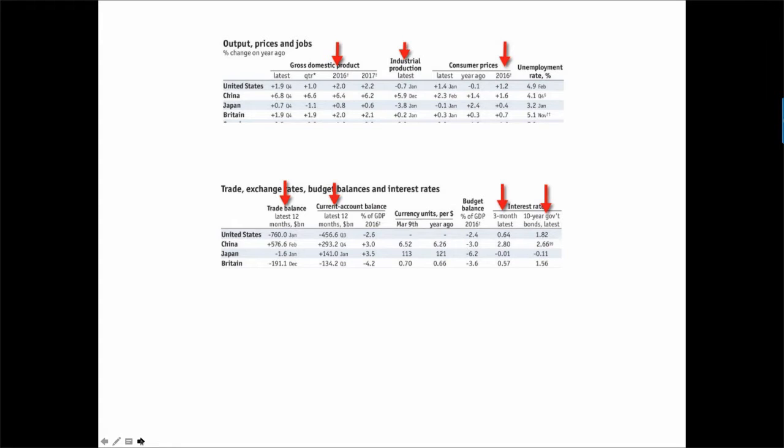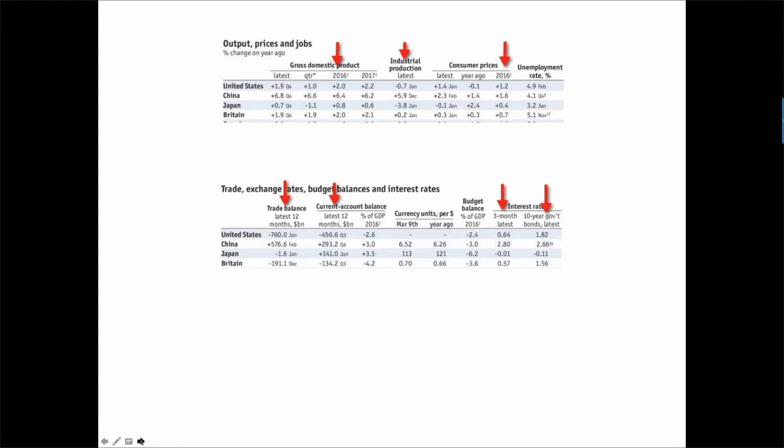Let's go over to the next red arrow, consumer prices. Over the long run, over a 3-year period, the only factor that matters is relative inflation differentials. Let's take a look at this example. The US has inflation at 1.2%, the UK at 0.7.